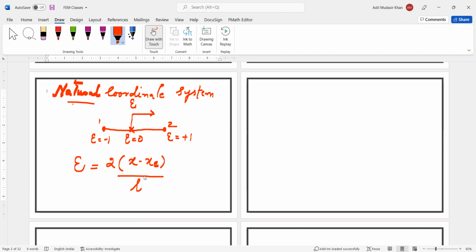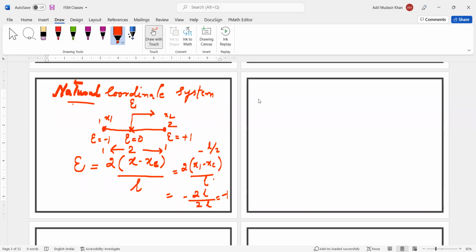And the value of x here is x1, and the value of x here is x2. At this point, zeta comes out equal to 2 times (x1 minus xe) divided by L. Now xe minus x1 is L by 2, so x1 minus xe is minus L by 2, and this gives 2 times minus L by 2 divided by L, which comes out equal to -1. So in terms of the natural coordinate system, we assume that this element's length is 2.